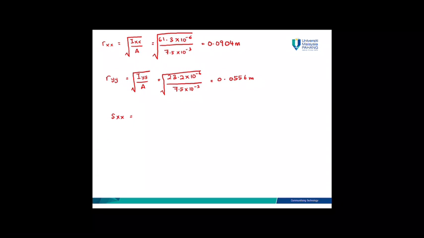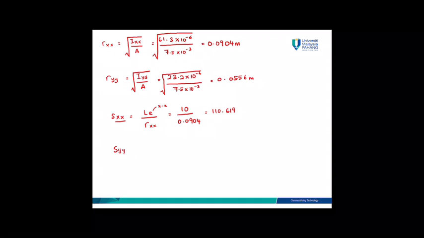After that, you calculate for SXX, LE divided by RXX. LE you take from XX buckling because now it is X. LE for XX buckling is equal to 10 divided by RXX, which is 110.619.